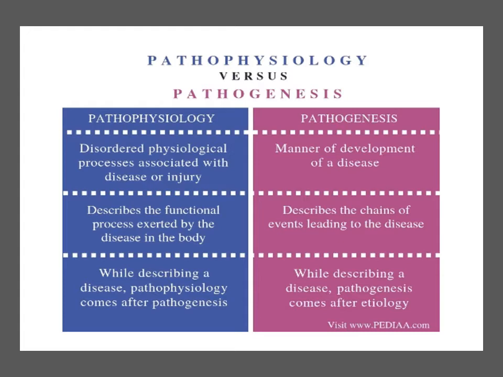So, the chain of events of how someone who is smoking gradually develops emphysema, or what we call COPD, chronic obstructive pulmonary disease. It is describing how someone got to developing a disease.